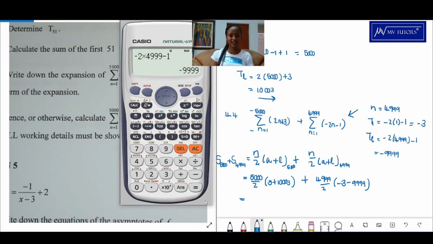So I have 5,000 all over 2 multiplied by 5 plus 10,003, plus 4,999 divided by 2 multiplied by negative 3 minus 9999.